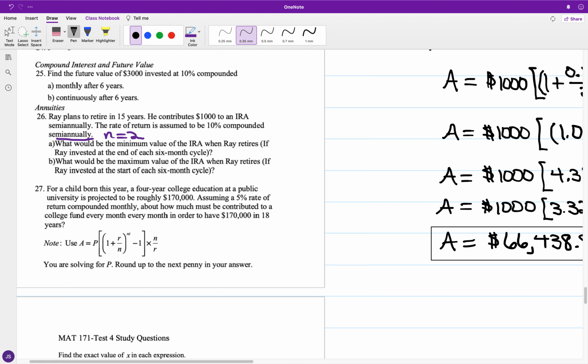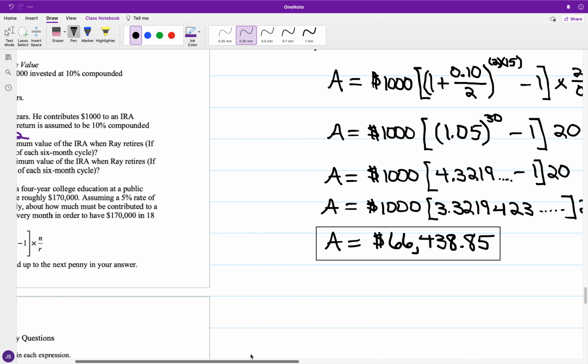Assuming a 5% rate of return compounded monthly, about how much must be contributed to a college fund every month in order to have $170,000 in 18 years? Notice, we are using this formula and are solving for P, and whatever result we have, it says you're going to round up to the next penny in your answer. Like if you had the outcome to be like 33.1 cents, you're going to round that up to 34.